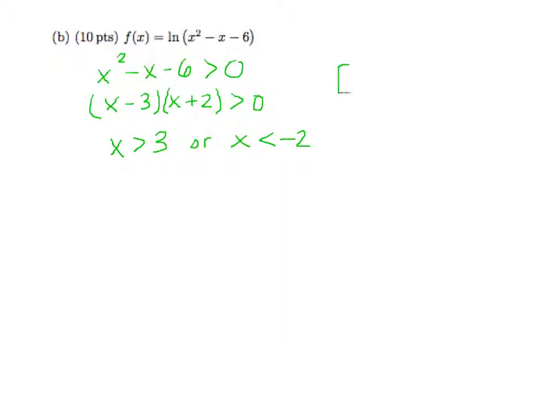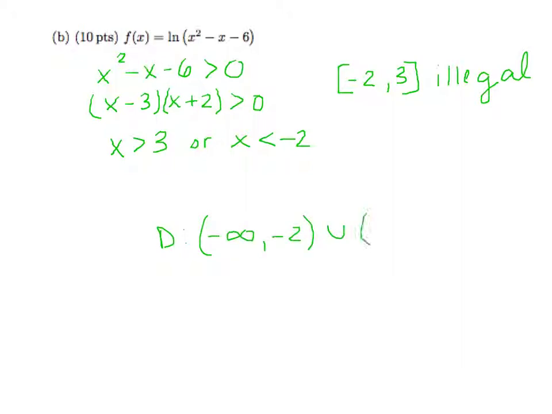So we know our illegal values are between negative 2 and 3. And our domain will be an open bracket for negative infinity to negative 2, or open bracket 3 to infinity.